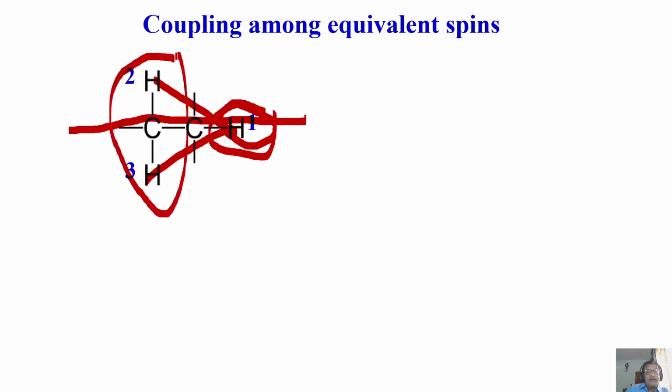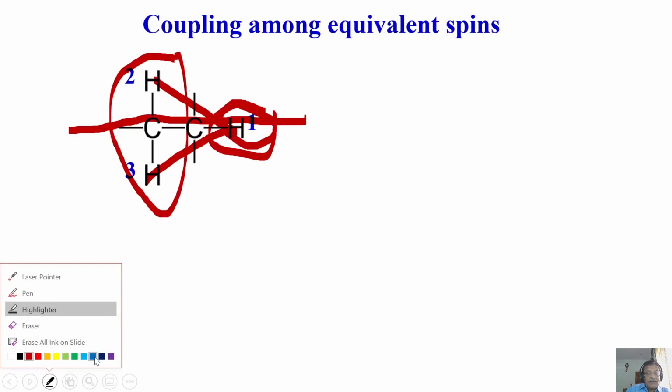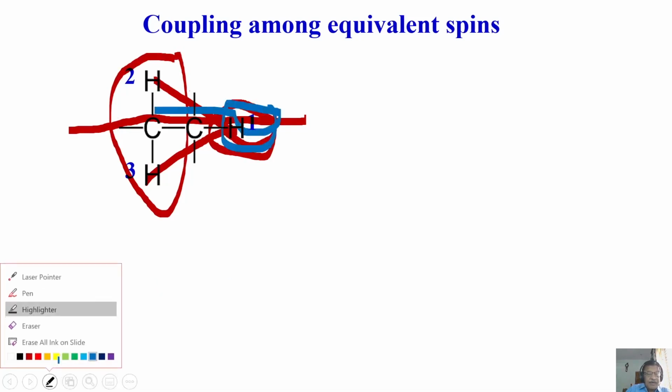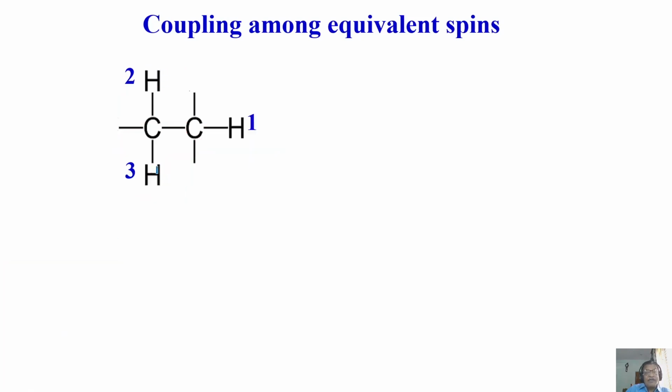Similarly, these two protons will undergo splitting because of this proton. You understand now what I'm trying to say? This proton and this proton together split this one, and these two together are split by this proton.